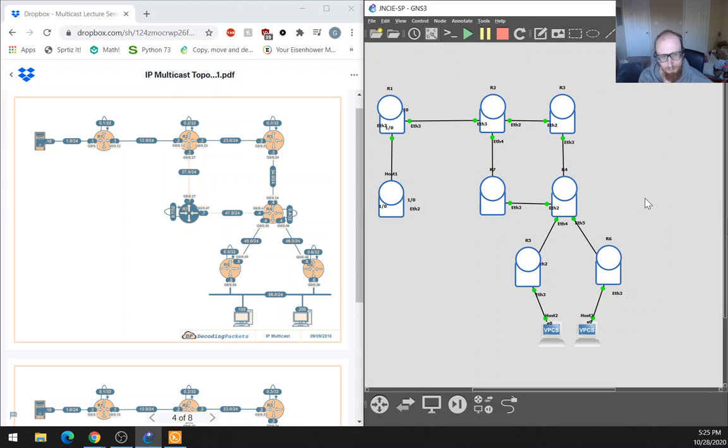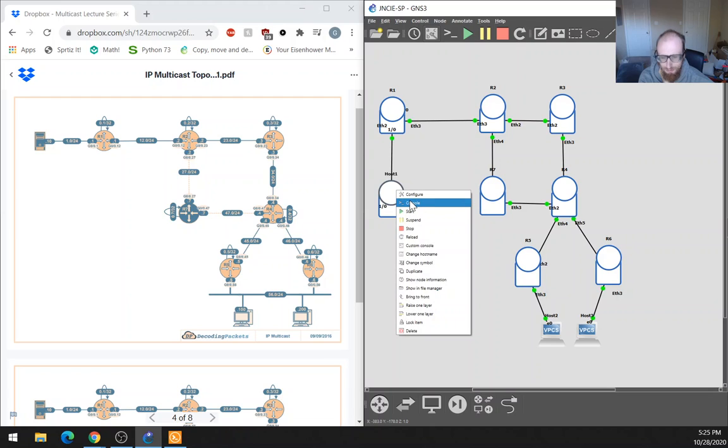Okay, so that looks good to me. Next step is going to be to clear everything out, and then we'll go and do the precursor steps.